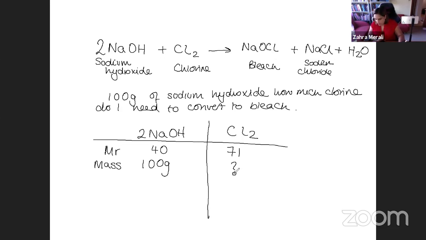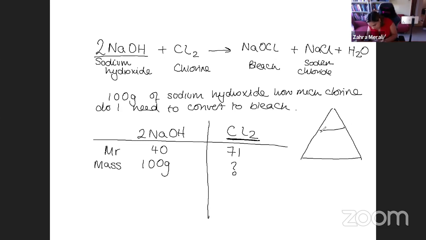So what about my moles? How would I work out my moles? So I've got 2 moles of sodium hydroxide, right? And for each mole of sodium, I need a mole here. So we could do it that way around. So it says, how much chlorine do I need? So you could set out your calculation in such a way that you're saying, okay, well, that's 100. So what do I need to do now? So let's think of our triangle.